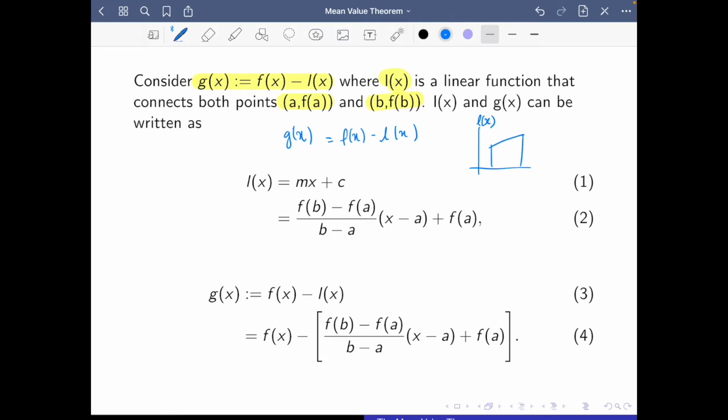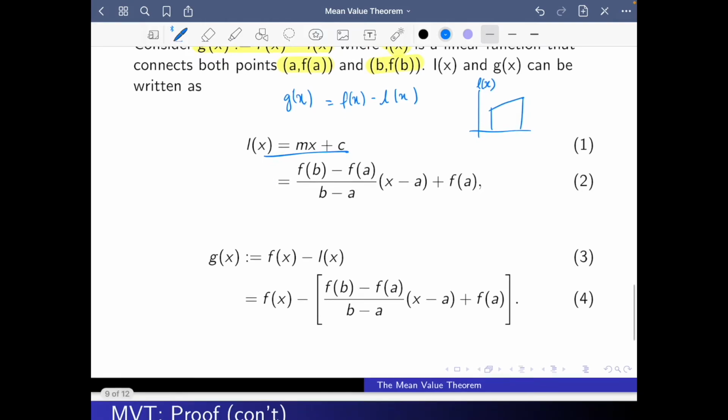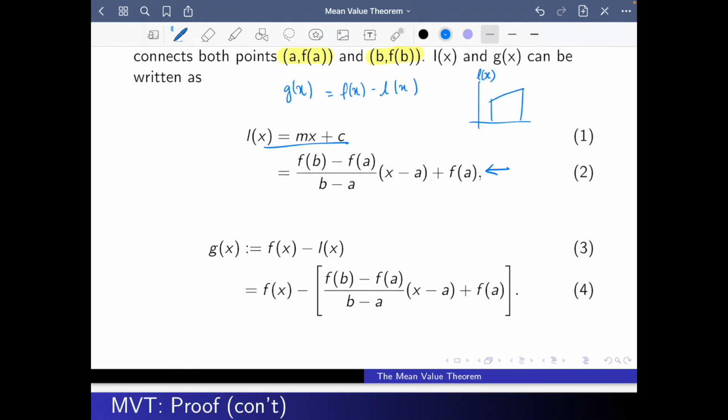We know that L(x) is a linear function, so we can write L(x) equal to mx plus c, and we can deduce the function as shown below. High school stuff, so I skip it here.